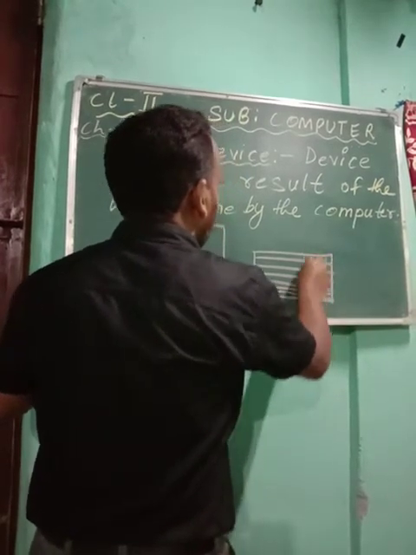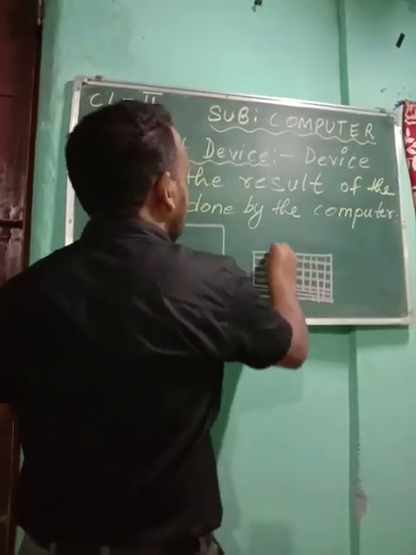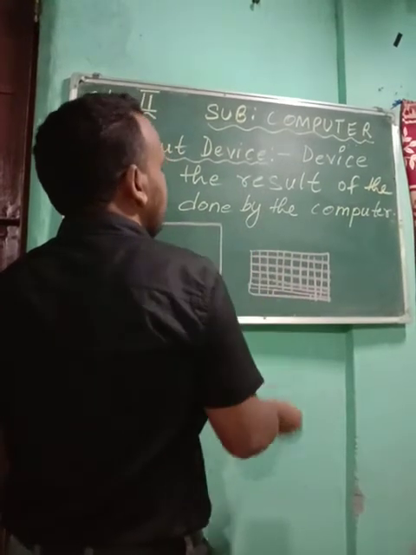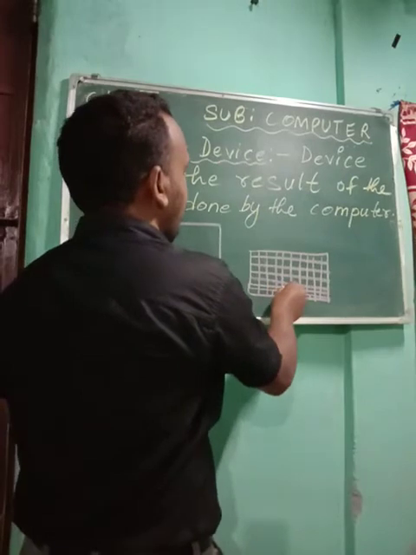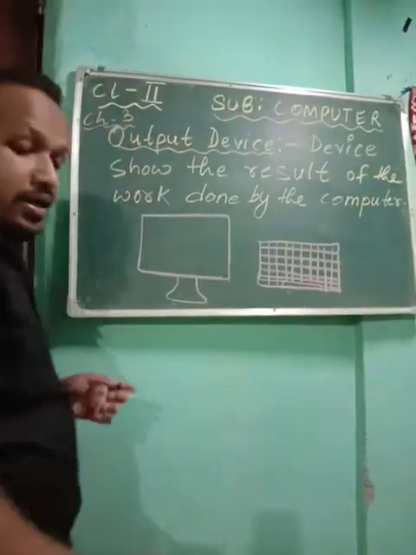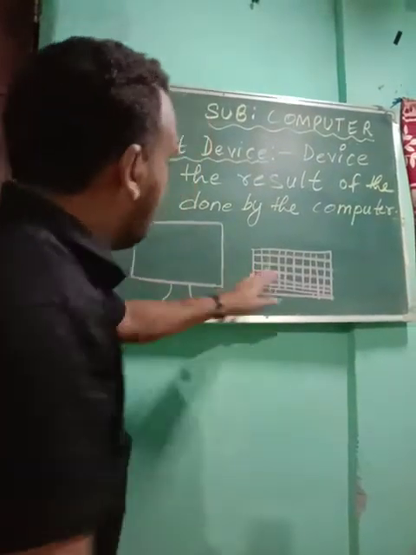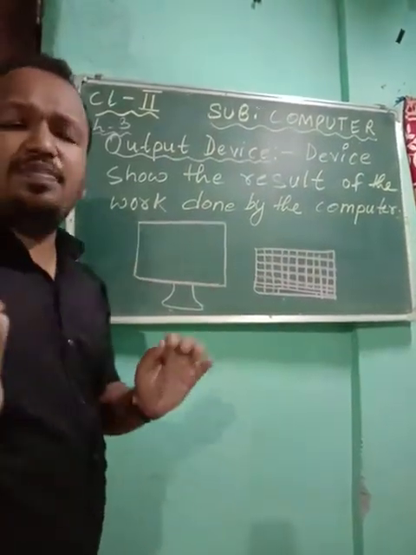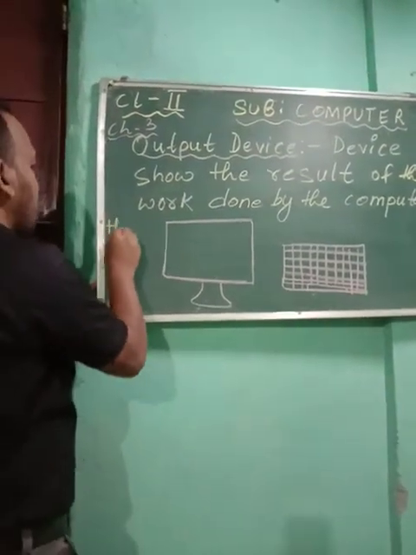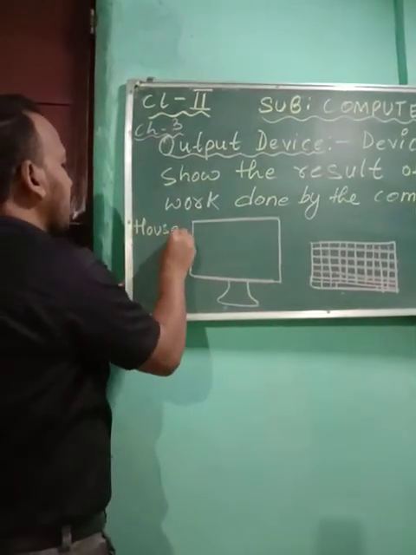On the keyboard there are different types of keys: number keys, numeric keys, special keys. Suppose you want to write the word house.